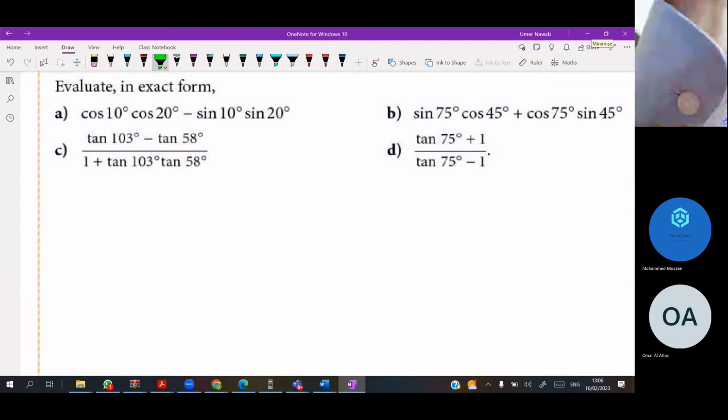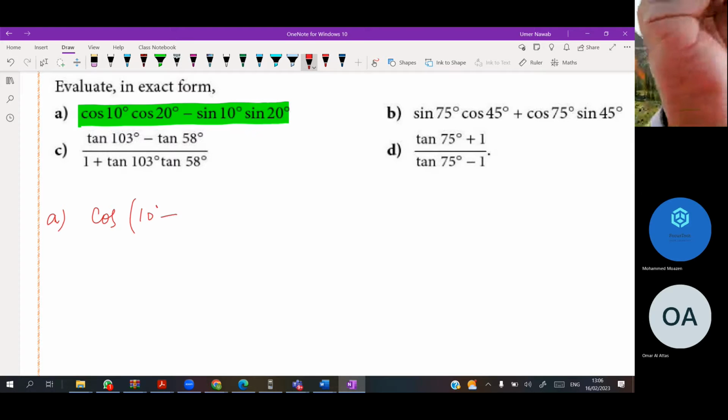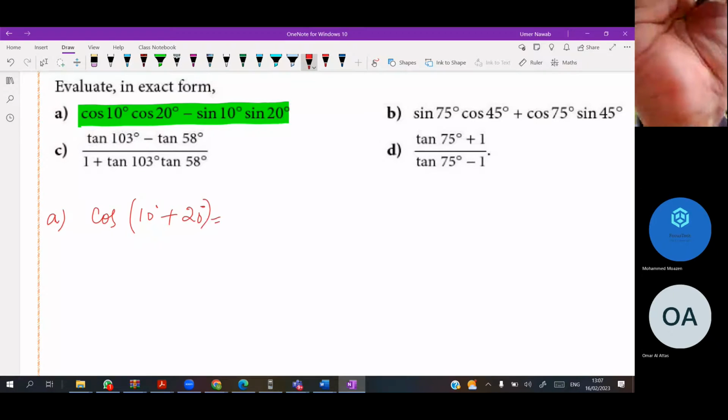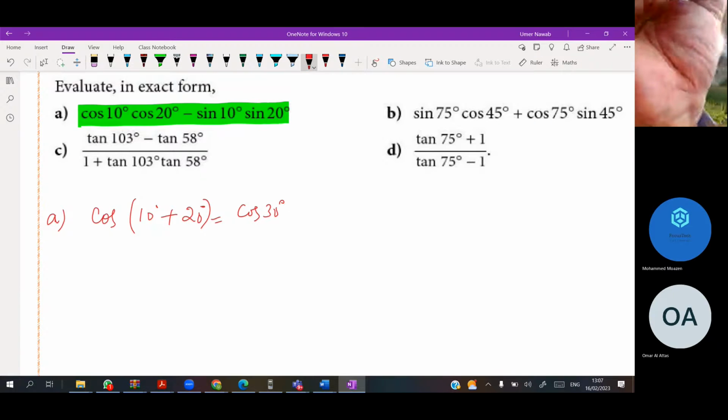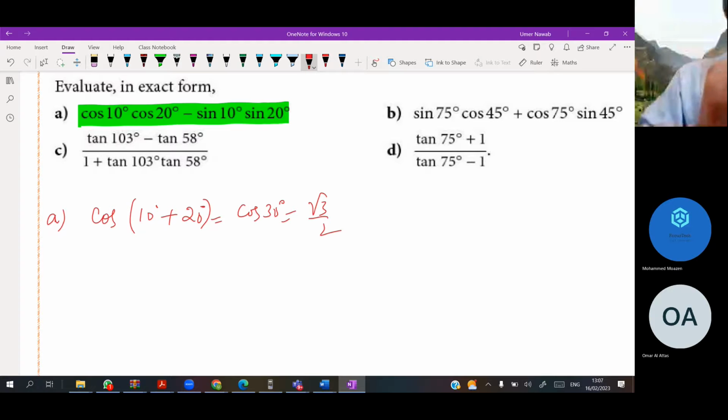This is compound angle identities, which you took with Mr. Hamad as well, which is cosine A cosine B. So I'm going to write A is cosine of A plus B, which is 10 plus 20 degrees, and that is equal to cosine of 30 degrees. And from the calculator, it is square root of 3 over 2.